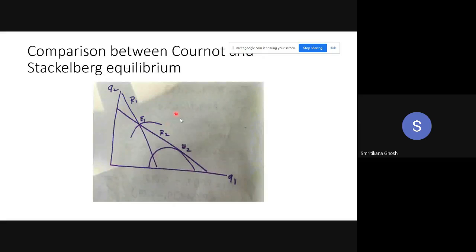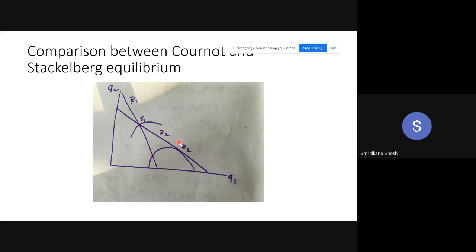This is the diagram. Look, in the single diagram I want to solve two problems, a comparison and the equilibrium. So what is the equilibrium first? This is your R2 and this is the isoprofit curve of firm 1, that is the leader, and this is R2, the reaction curve of the follower, and they are tangent at this point.